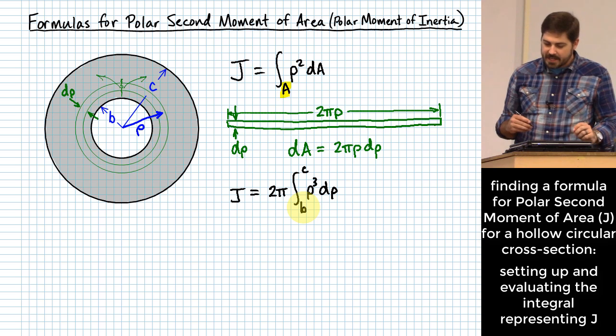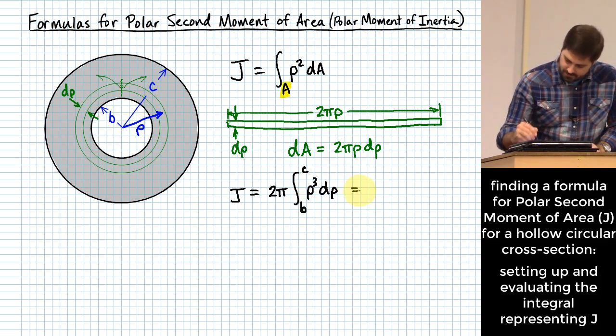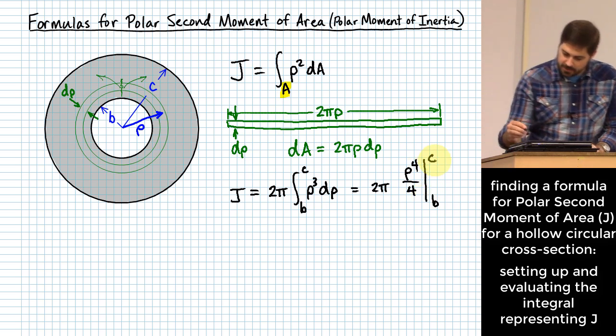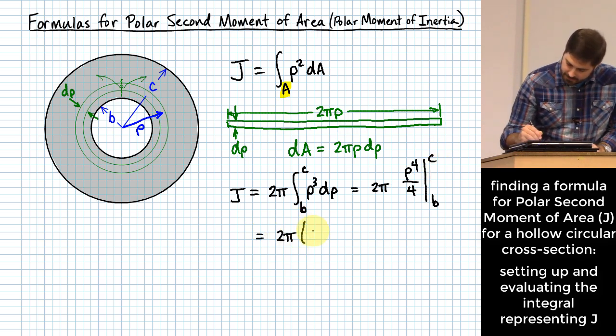So I need to take this antiderivative. How do I do that? Okay. Rho to the 4th over 4, and I'm going to evaluate this from B to C. So what that looks like is 2 pi times C to the 4th over 4 minus B to the 4th over 4.